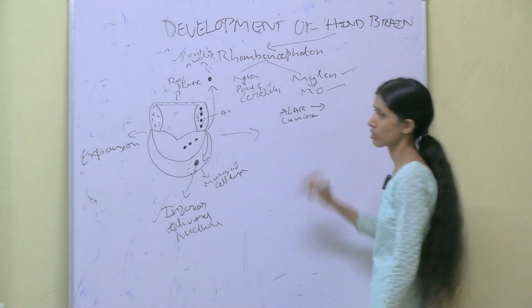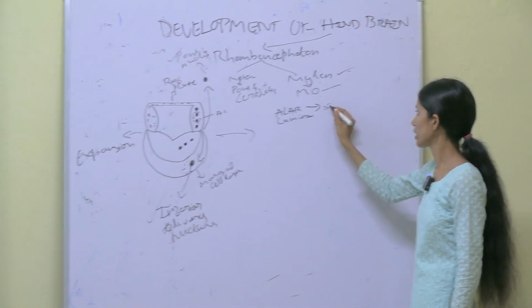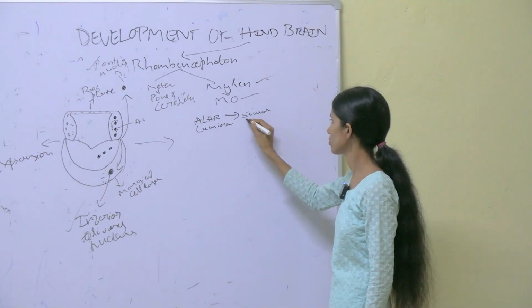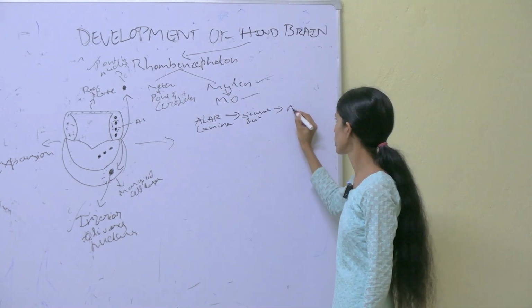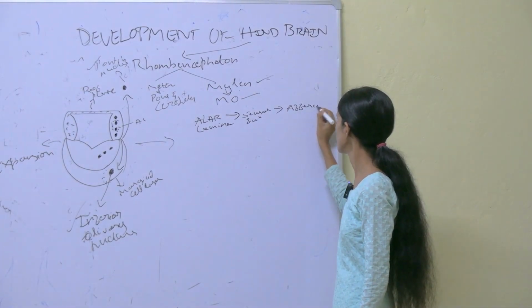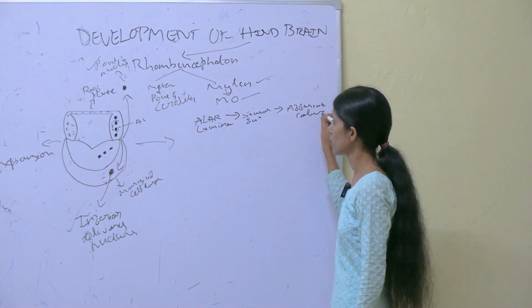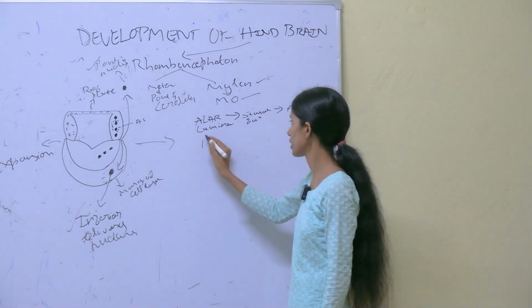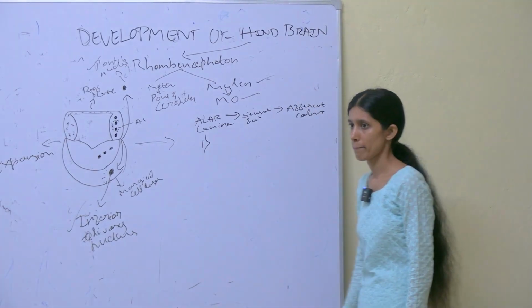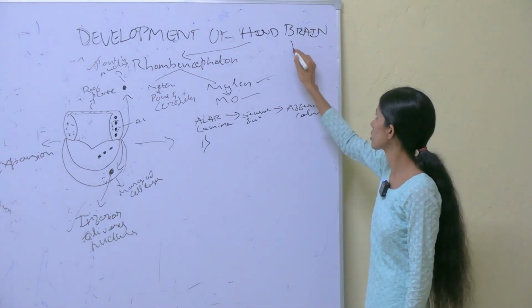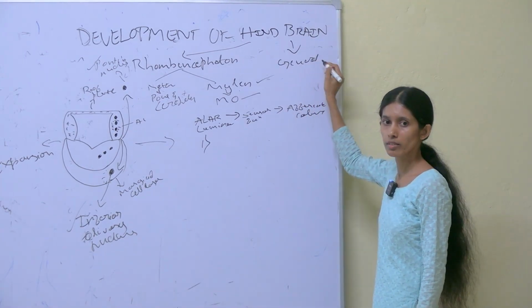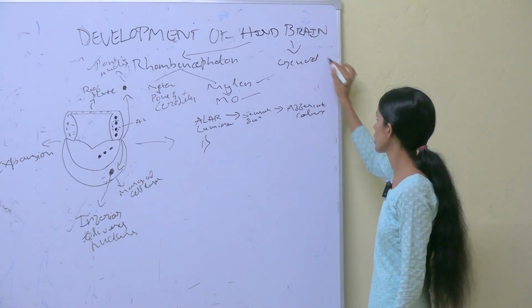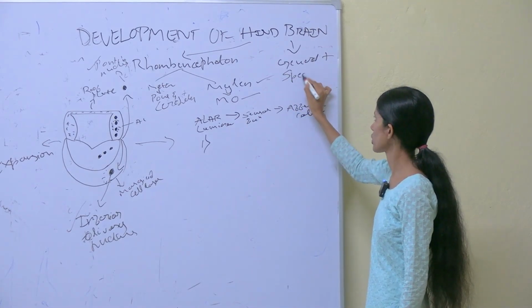Can you name them? Alar lamina means it is sensory in function, so we call it afferent columns. So there are 4 columns. Can you name them? Remember, in your brain region we have general columns plus special columns.